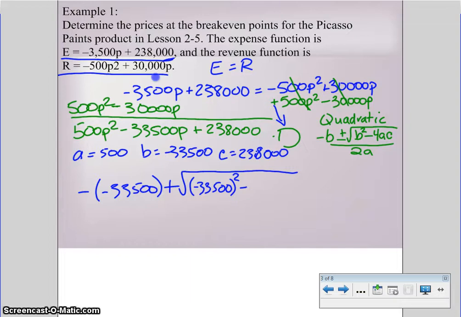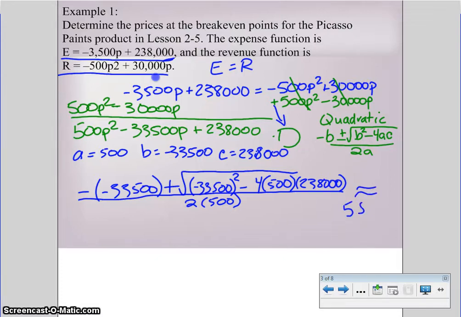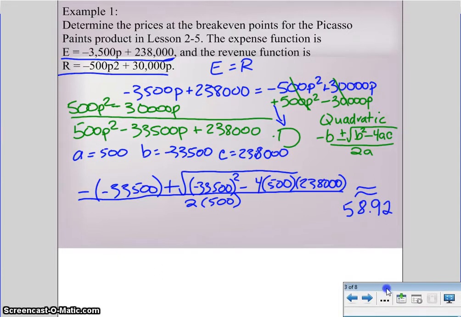Remembering that when I subtracted over it should be negative and negative, so I end up with minus 4 times 500 times 238,000, all of that divided by 2 times a, which is 2 times 500. When I work through this whole thing, I end up with approximately $58.92, which was our break-even point, if you'll remember from yesterday.